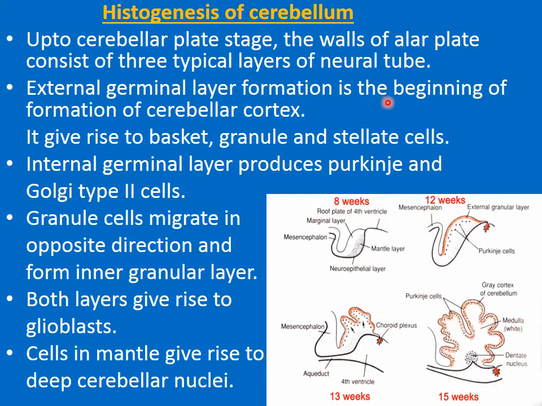And that external germinal layer formation is the beginning of the formation of the cerebellar cortex, and this is contrary to the development we have seen in the medulla oblongata and pons, where the gray matter is in the deeper layers and outer is formed by the white matter.